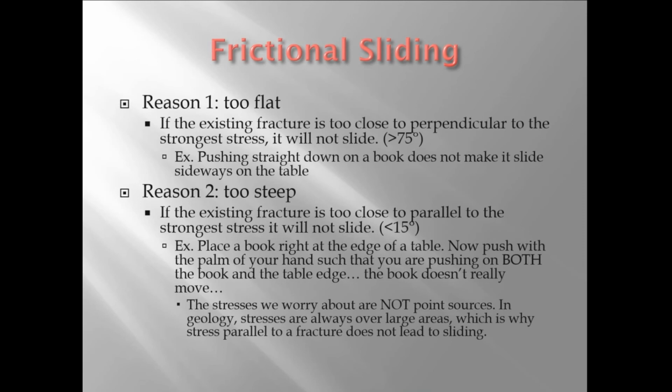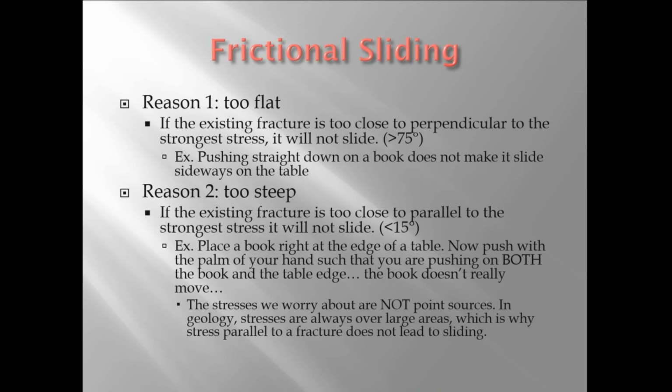Sometimes it's going to create a new crack because the existing fracture is too flat. Extreme example, totally perpendicular. If I'm pushing down on this, it's not going to slide sideways on the desk. It's not even logical. If I'm pushing at a little bit of an angle, it's still probably not going to slide. If I pushed hard enough, I would actually break it instead.